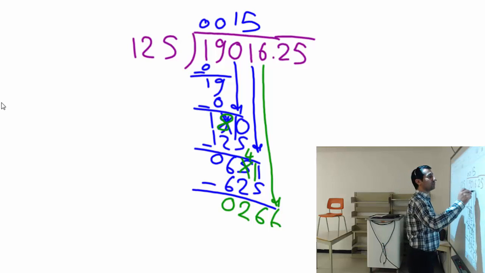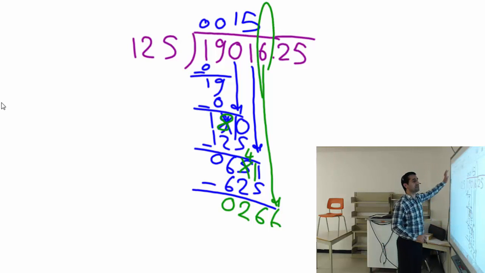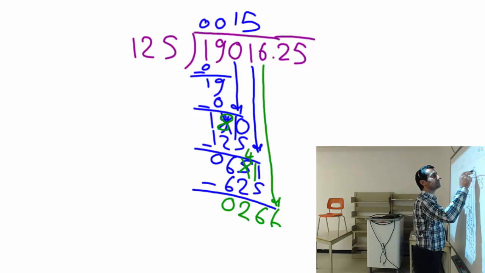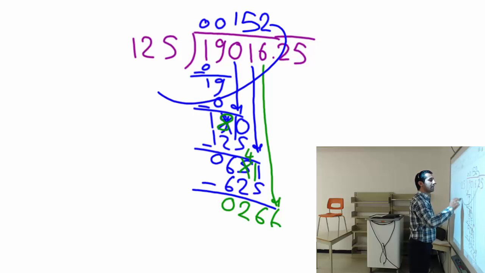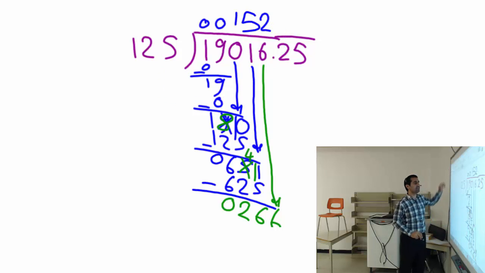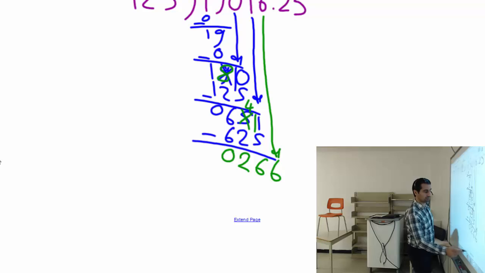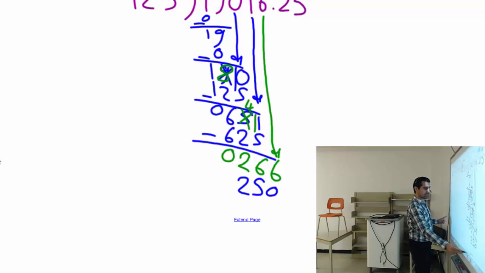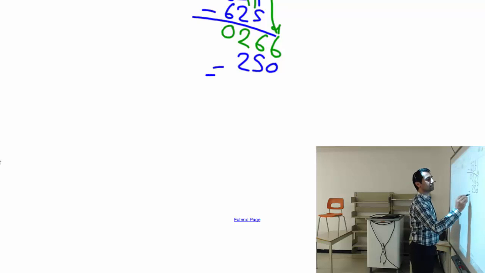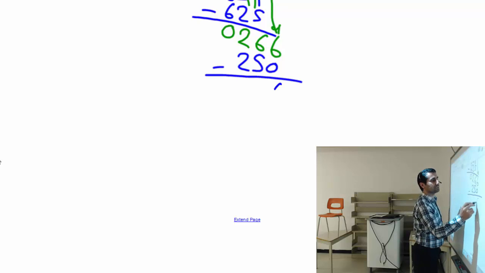So on top of 6, I'm going to write down 2. 2 times 125 is 250. Let's subtract that. It's going to be 6. That's going to be 1, 0.